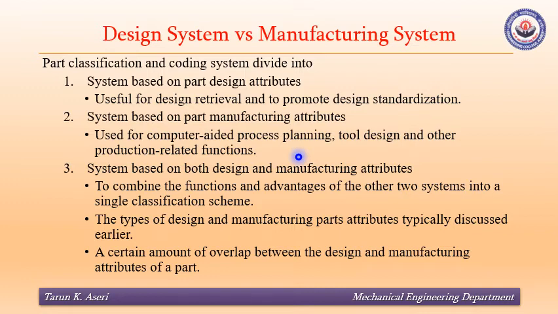Then the combination of both, the combination of functions and advantages of these two into a single classification scheme, is very beneficial. And I must say that the hybrid of design attribute and manufacturing attribute type part coding systems are more pronounced and more famous in manufacturing companies.